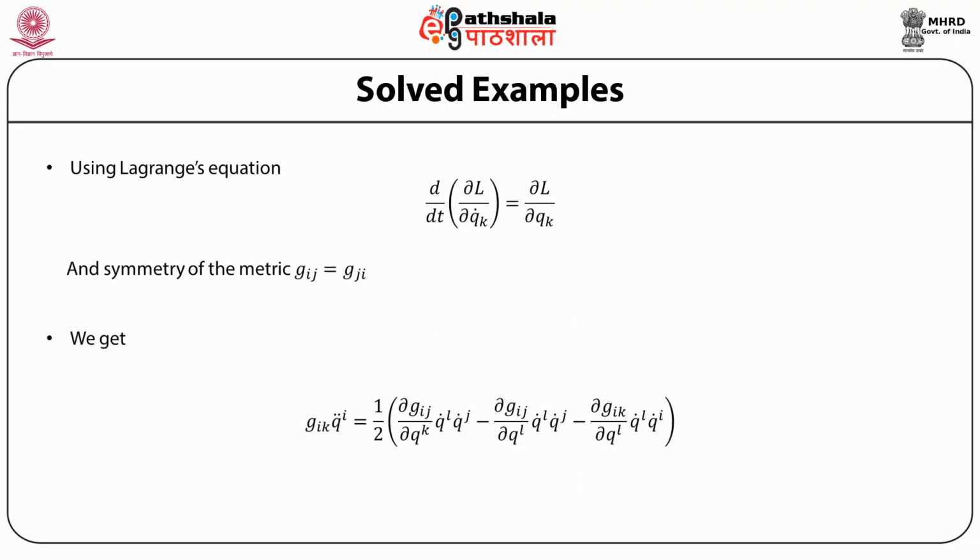And using the Lagrange equation then, and the fact that the metric tensor is symmetric, that g_ij is equal to g_ji, we obtain g_ik q_i double dot is equal to half partial derivative of g_ij with respect to q_k into q_l dot q_j dot and two similar terms.